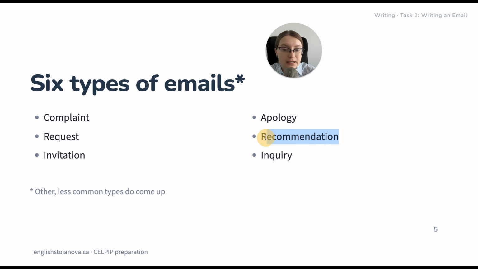You're recommending something, okay? And again, very similar to requesting, but slightly more formal. It's an inquiry, so you want to get some information or you want to ask a follow-up question regarding something. And there are some other types, but basically, they are very similar to the ones you see on the screen, just some variations that may happen.